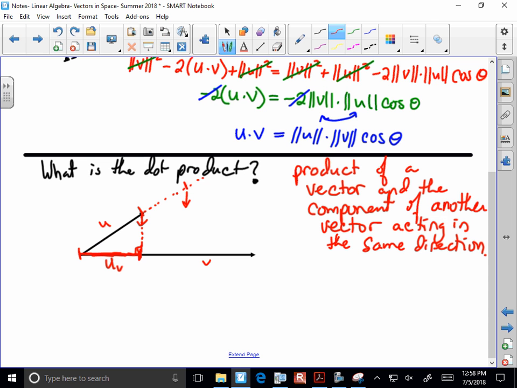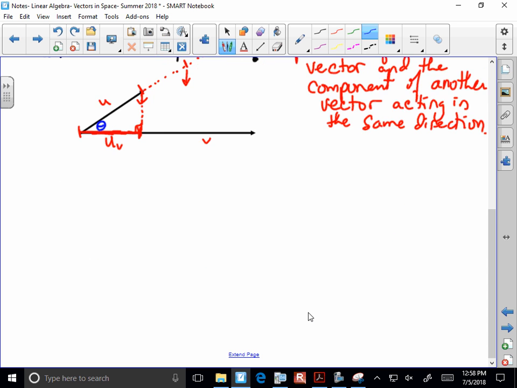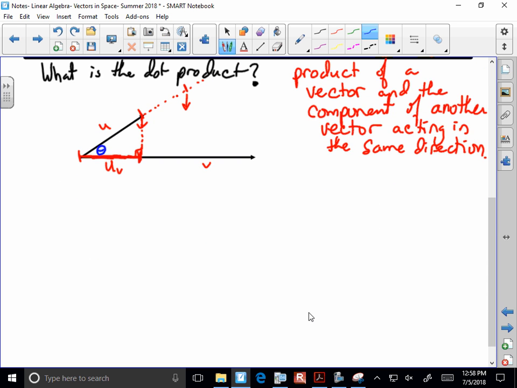Anyway, you have an angle that's separating these two vectors. We know trig for the most part. Cosine of theta is equal to adjacent over hypotenuse. I don't want to get into the projection and component notation, PROJ, COMP, that we use in Calc 3.